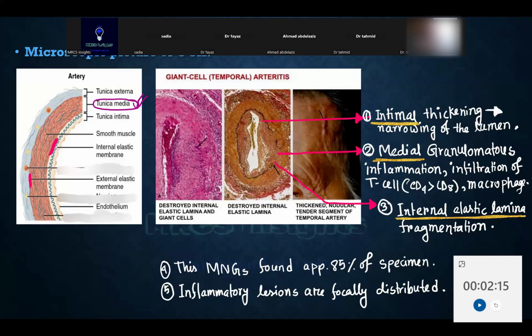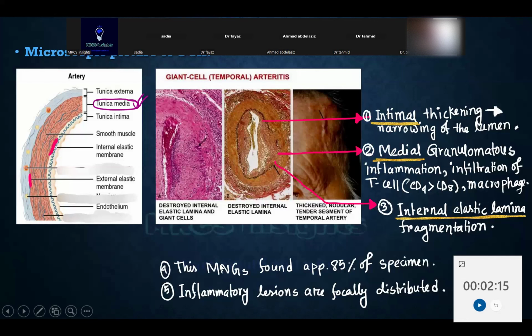So what is the next layer? Internal elastic lamina. And what will happen there? See this, there is fragmentation of internal elastic lamina. So remember these 3 pathological changes of giant cell arteritis: at first tunica intimal thickening, then medial granulomatous inflammation, and fragmentation of internal elastic lamina.